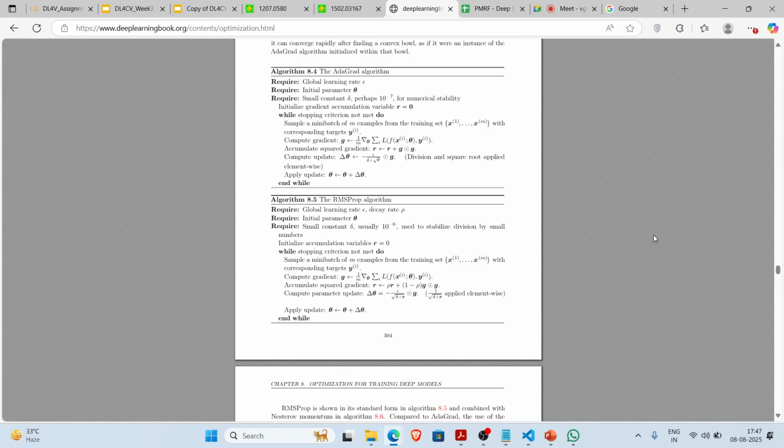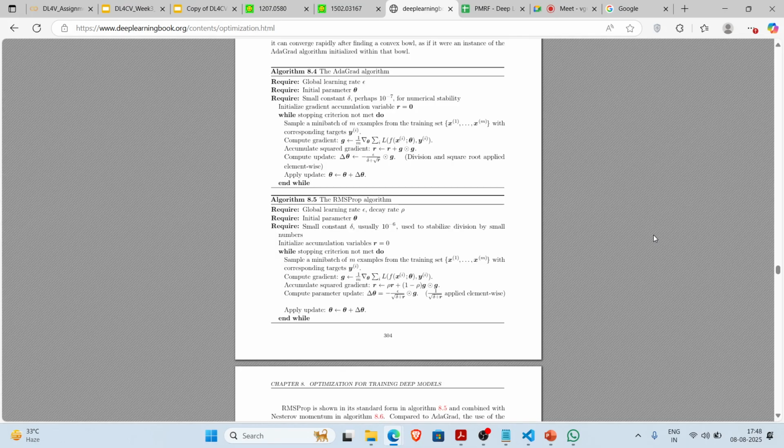So you use the concept of momentum, and the Nesterov momentum algorithm came. Next, you have AdaGrad, in which we are using a moving average of different quantities.